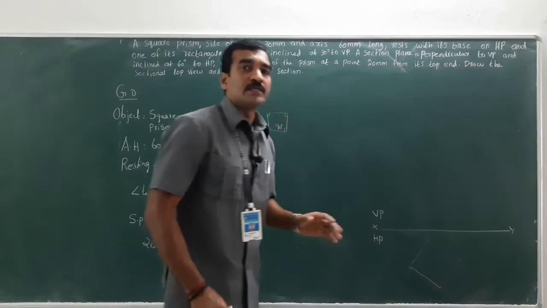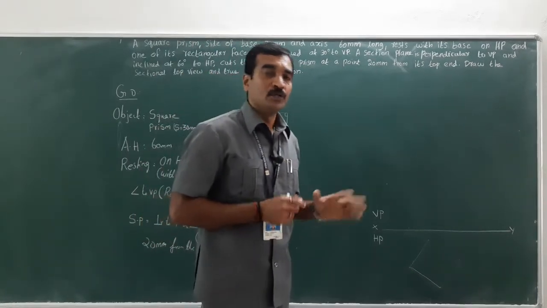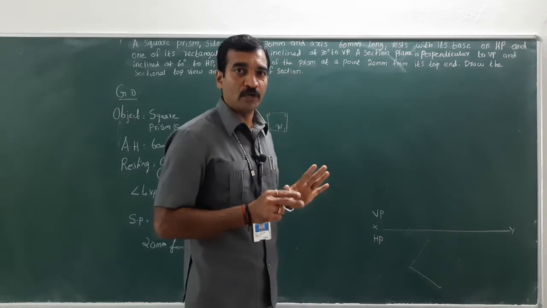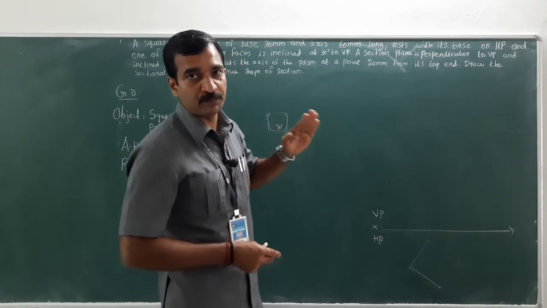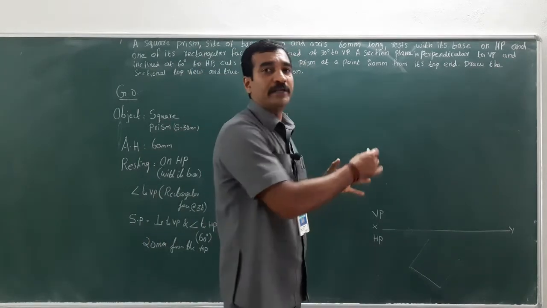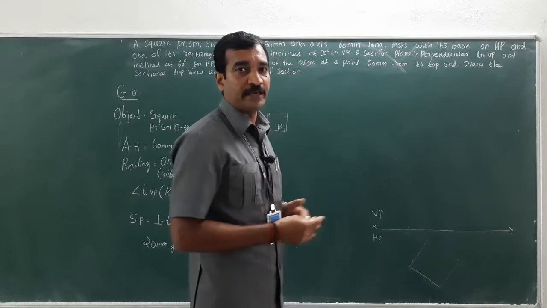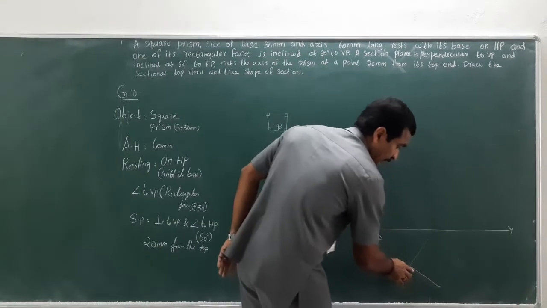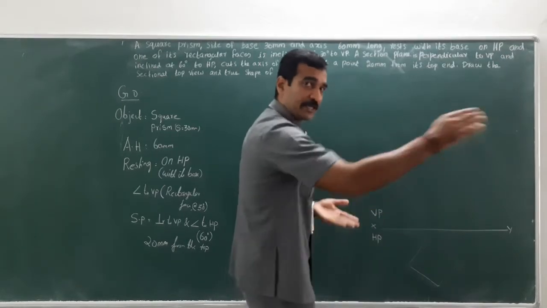As far as sections of solids is concerned, you should not darken the outline initially, because we are going to use the section plane or cutting plane to cut the object. Therefore, we don't know which would be the object line or which would be the invisible lines, right? The removed portion cannot be seen, that would be removed.